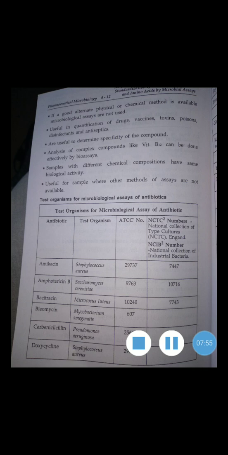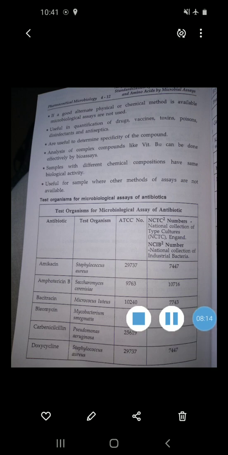Then 1 ml of each concentration of the standard and the sample solution is placed in each of the tubes. To each tube, 9 ml of nutrient medium previously seeded with the test organism is added, and all the sets are prepared in duplicate. Then 3 control tubes are prepared simultaneously.